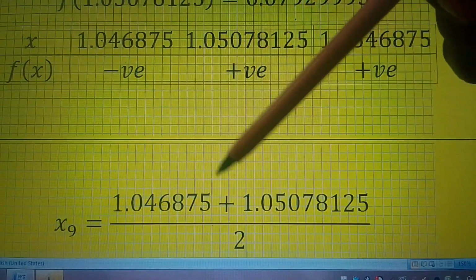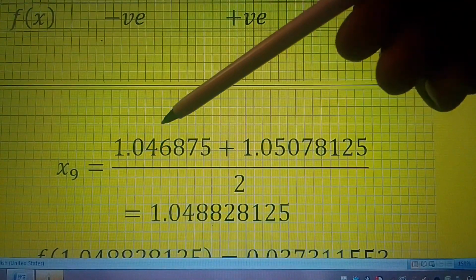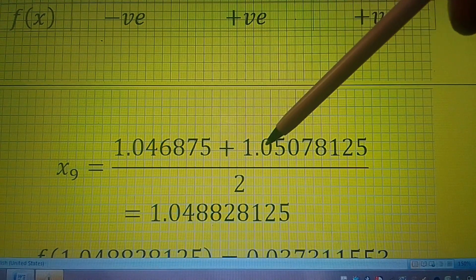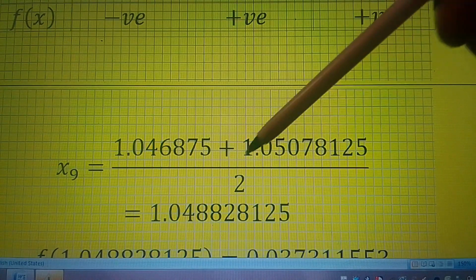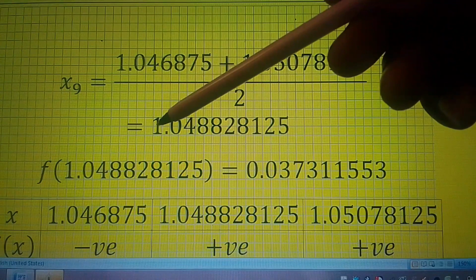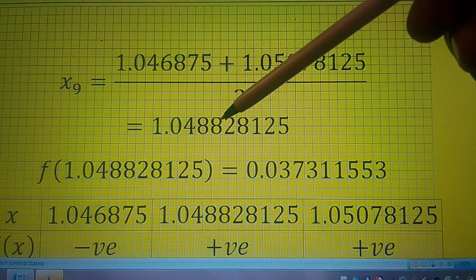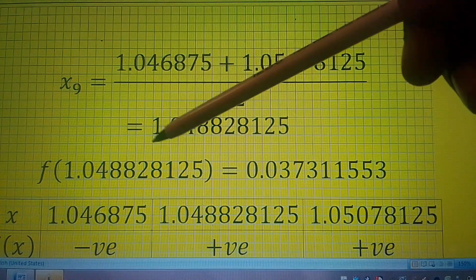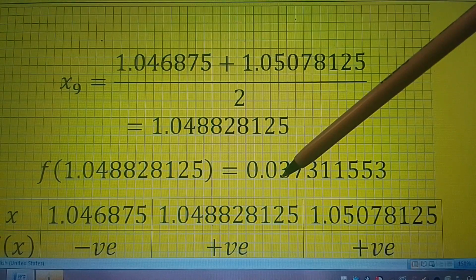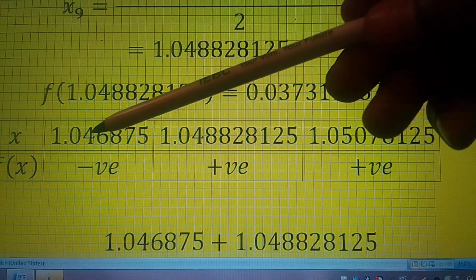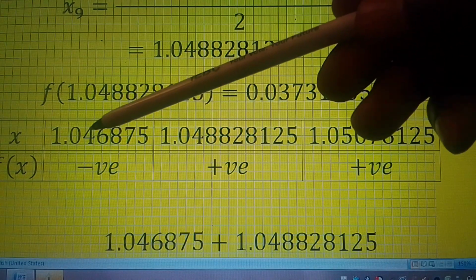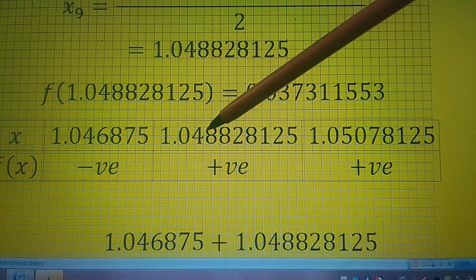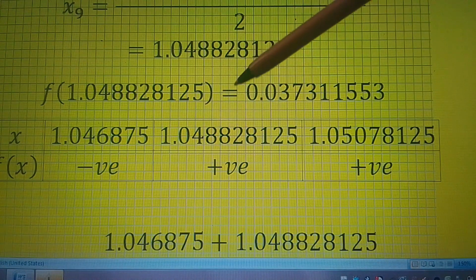Now x9 we pick 1.046875 plus 1.05078125 divided by 2, which gives us 1.0488 something. f of x9 is positive, so the root lies between 1.0468 and 1.0488.